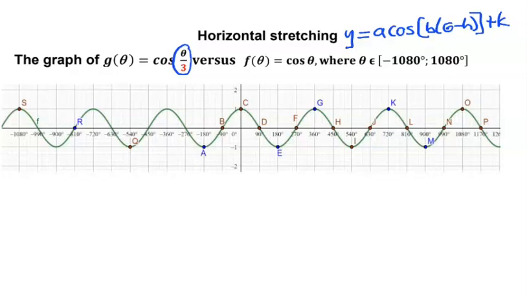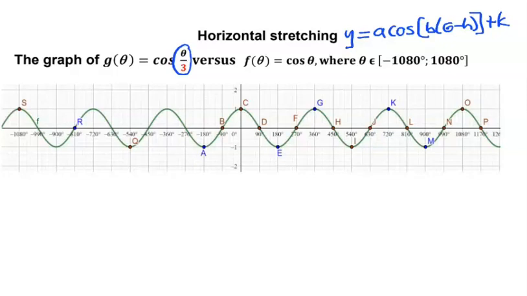So if I look, for instance, at 360 degrees and I want to make a dot at 360 degrees, I have to read off what happened previously at 120 degrees and so forth.